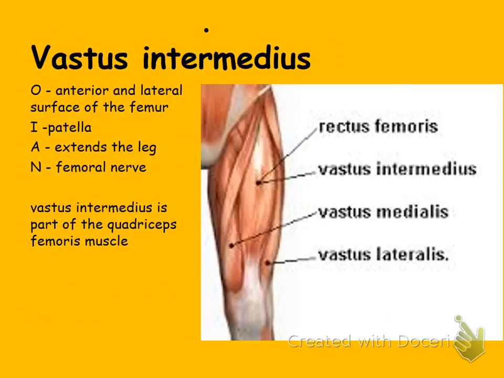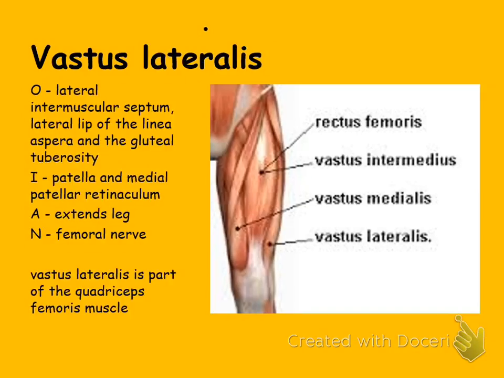Vastus intermedius originates on the anterior and lateral surface of the femur. Inserts to the patella, just like the other one, and it extends the leg. Vastus lateralis originates on the lateral intermuscular septum and the gluteal tuberosity, and it inserts on the patella and the lateral patellar retinaculum.